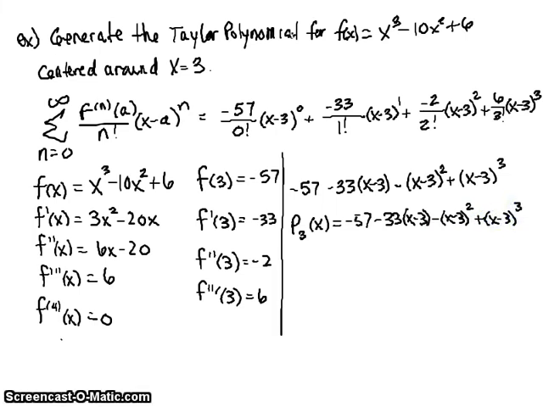Now, what this 3 here means is the degree of the polynomial. So it's a third degree polynomial because we have an exponent of 3. But this would be a fourth order polynomial. And what that means is there are 4 terms in the polynomial. So it's a fourth order, third degree Taylor polynomial that is going to help us find x cubed minus 10x squared plus 6.